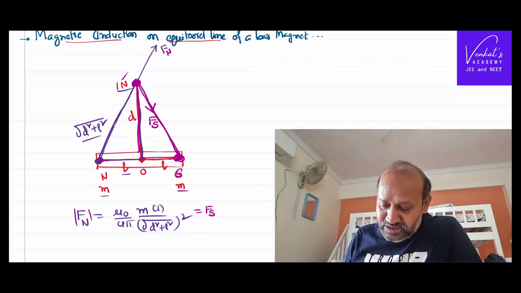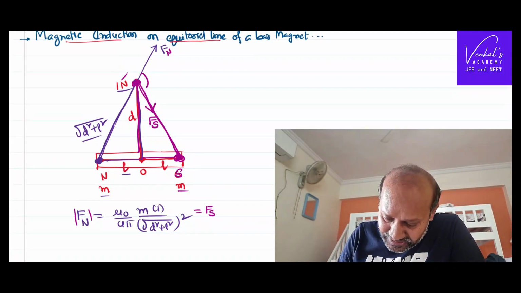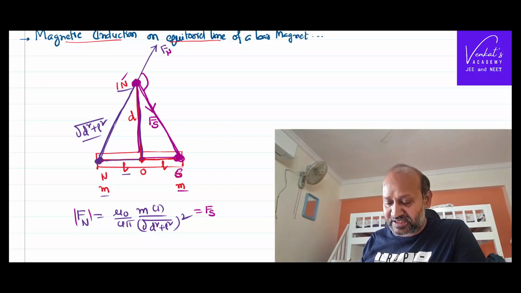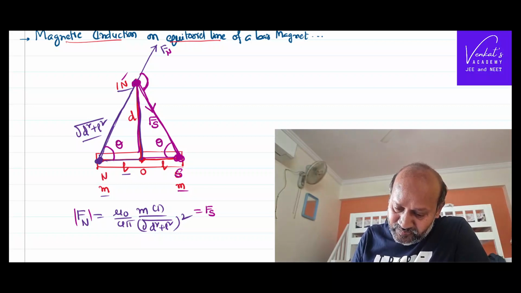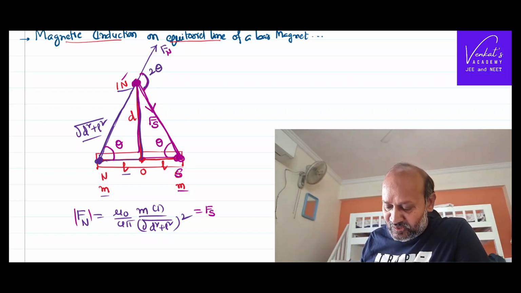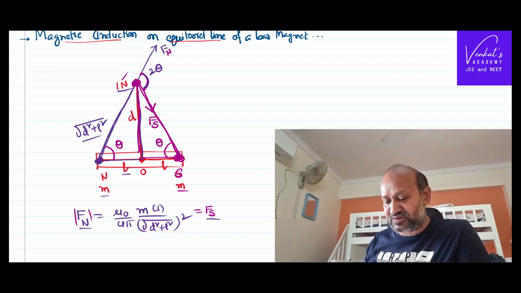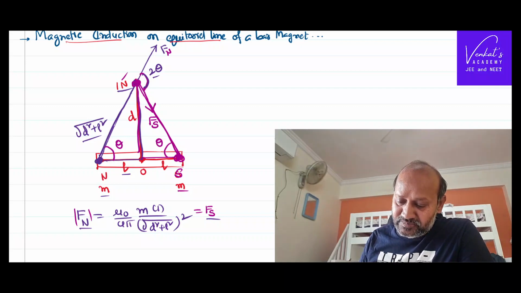There are two equal forces having a certain angle between them. How much is that angle? That is an exterior angle to these interior angles. So let this angle be theta, this angle be theta. So the exterior angle is the sum of the two interior angles, 2 theta. So there are two forces, force north and force south, having an angle 2 theta between them.